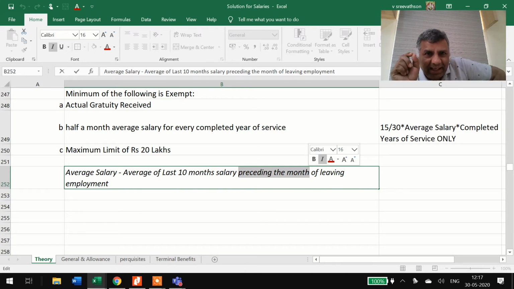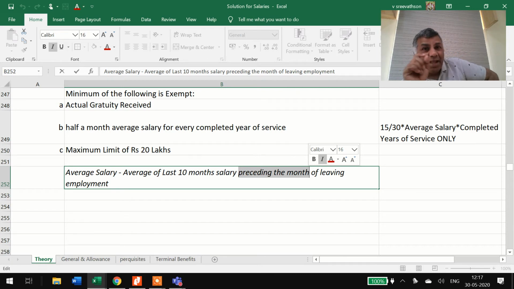Average salary means average of last 10 months preceding the month of leaving employment. So leave that month and take the past 10 months.